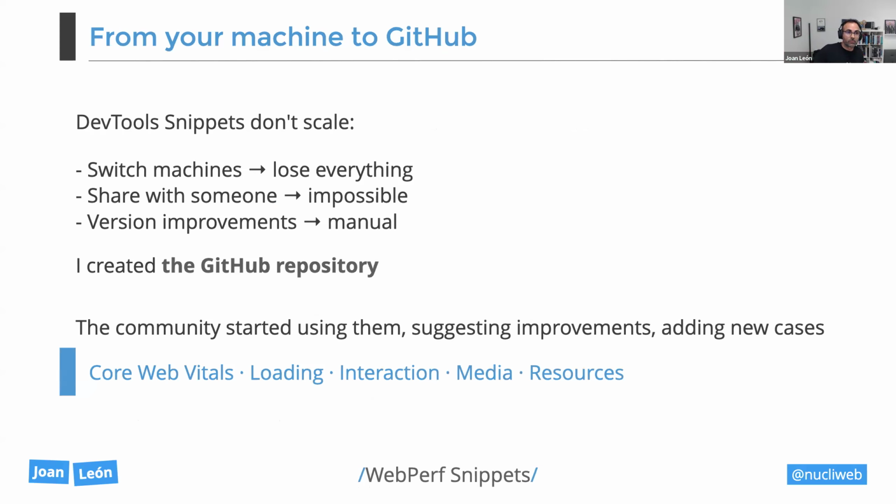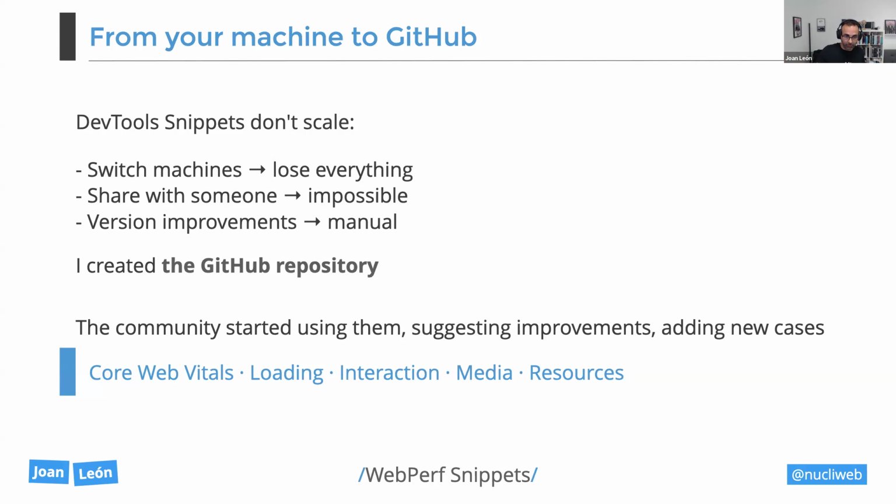The first problem that I had is that if I change the machine or the laptop, I don't have access to the snippets. Sharing with someone was impossible. Improving the snippets is very hard because you need to change them manually.